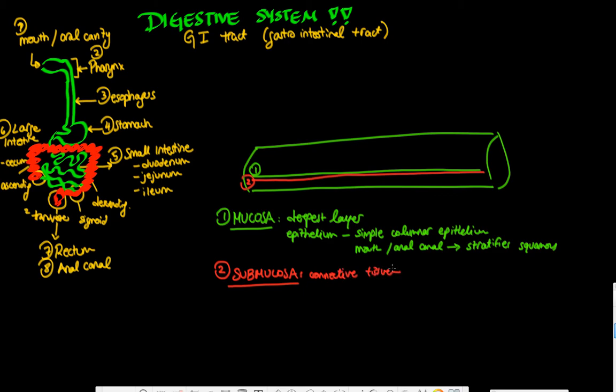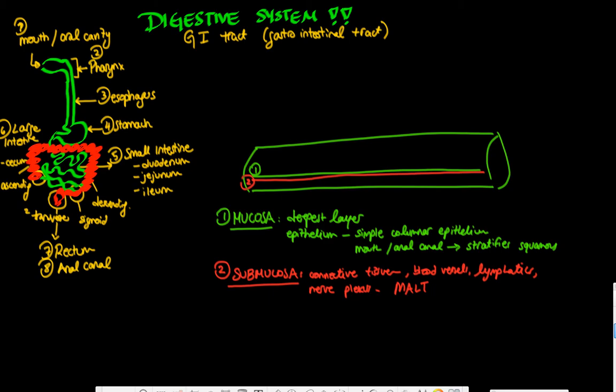Okay, and this is also the site or the layer that is going to contain blood vessels, lymphatics, nerve plexus. And it also contains MALT, mucosa-associated lymphatic tissue. These are different types of lymphatic tissue that are going to offer protection at the level of the intestines or the digestive system in general.